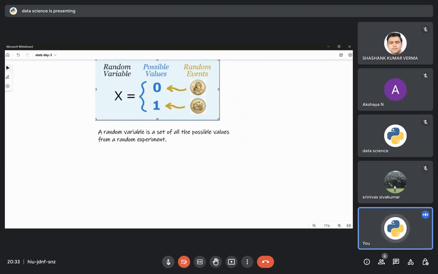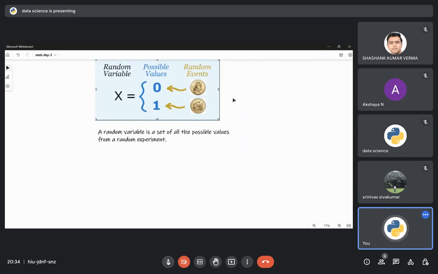These are only two possible outcomes. Another example: if a lady is pregnant, there are only three possibilities. The newborn baby will be a boy, a girl, or transgender. Only three possibilities.